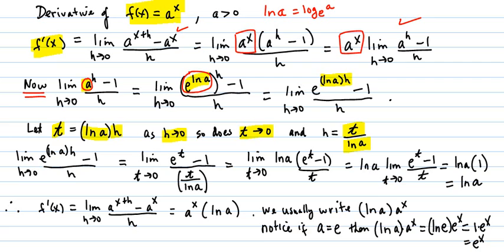So we have our limit here, which is equal to e to the t minus 1, because this log a times h is the t, and as h goes down to 0, so does t. Then in the bottom we have this h, and of course h is t divided by log a.